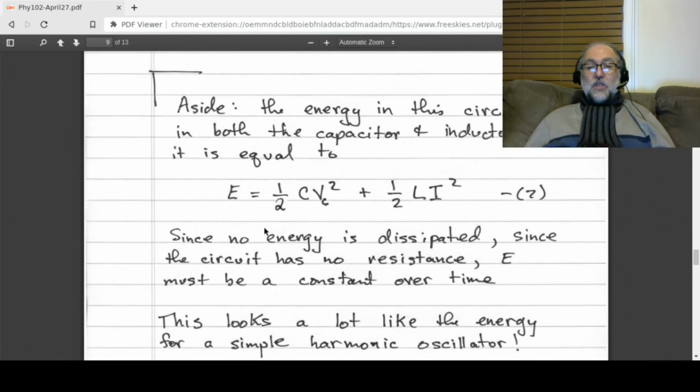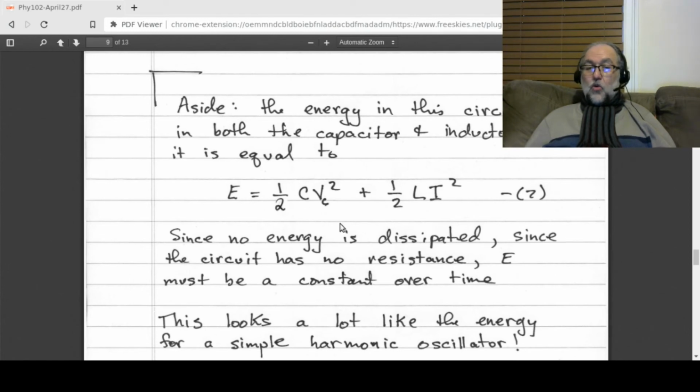So the energy in the circuit is going to be a combination of the energies I wrote above, but now I'm going to bring them together. There's the energy in the capacitor, which is 1/2 C V_C squared, V_C being the voltage across the capacitor, plus 1/2 L I squared.